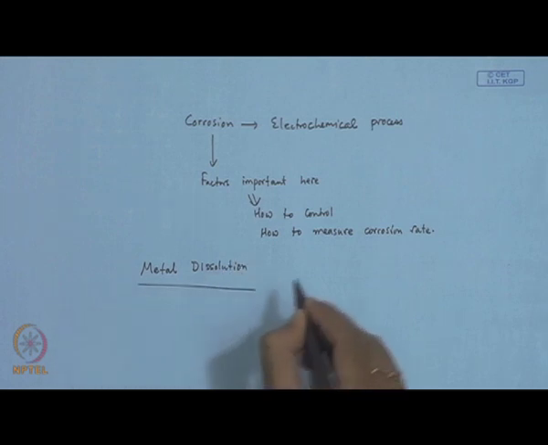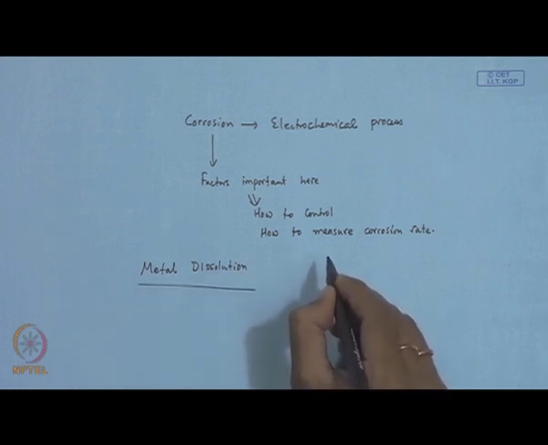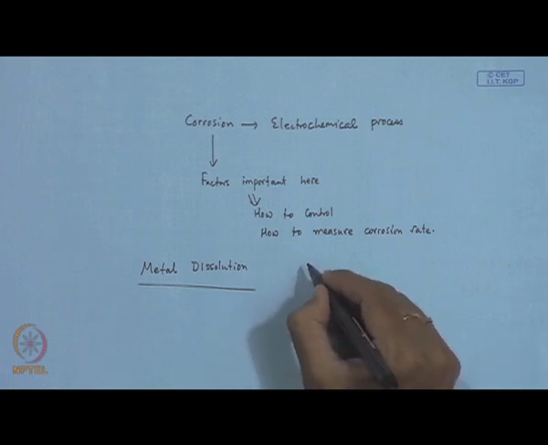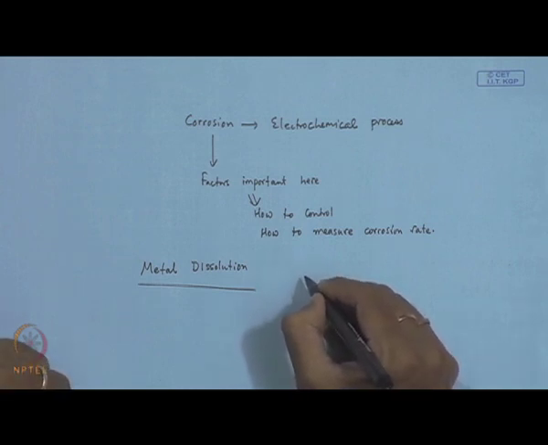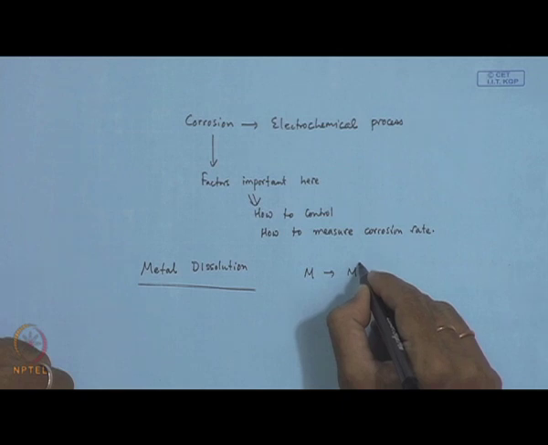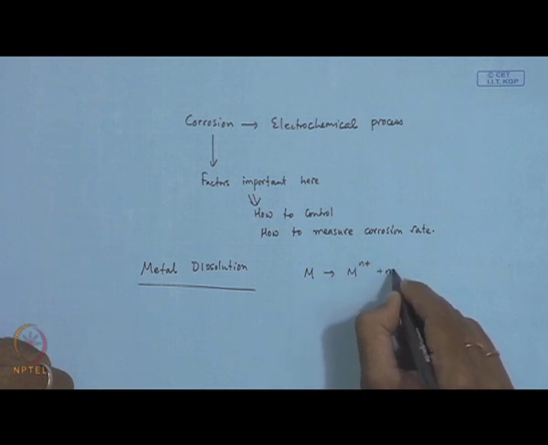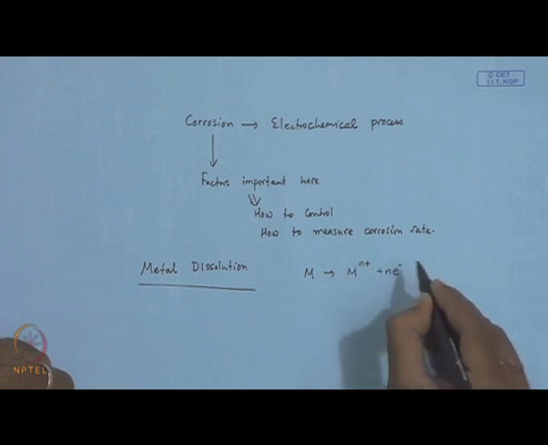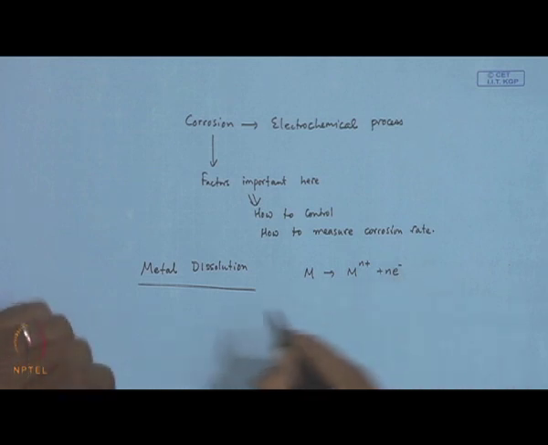What is metal dissolution? When a metal is dipped into a solution, what is happening is that the metal loses electrons. So, M goes to M n plus plus n electrons. Okay.